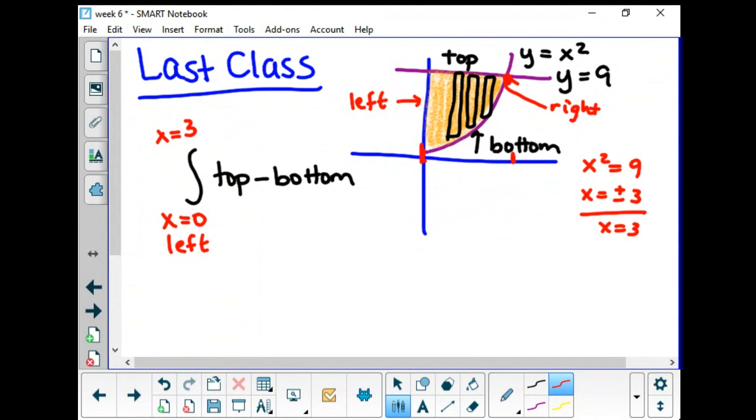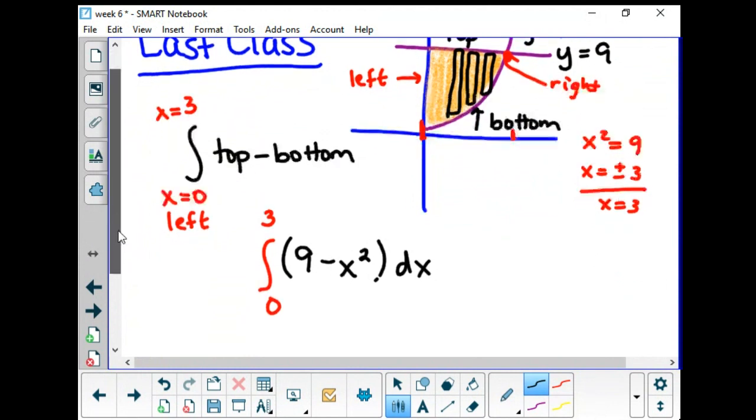And so to calculate that area, we would calculate from 0 to 3 the integral of, hopefully you're thinking this, 9 minus x squared. Because throughout this region, throughout x equal to 0 to x equals 3, the y equals 9 function is greater than the y equals x squared function.